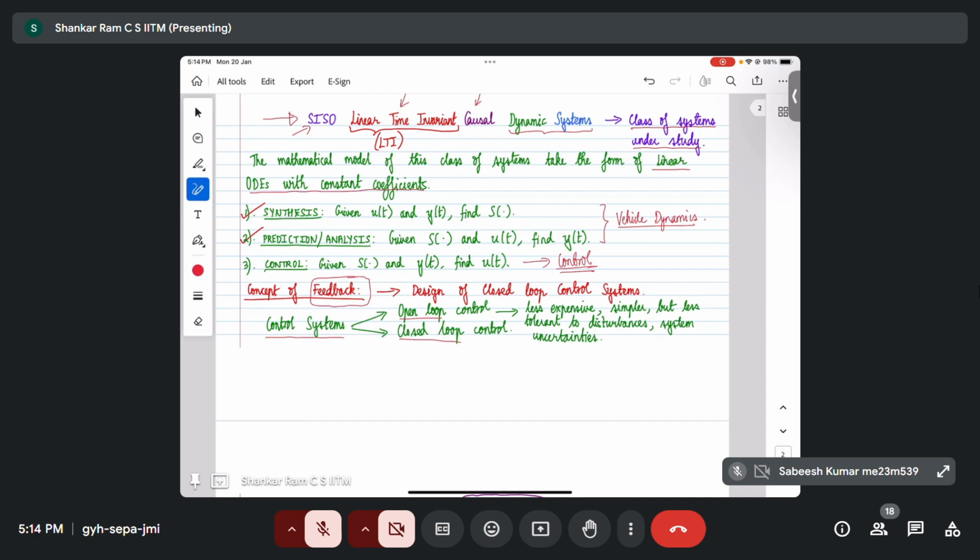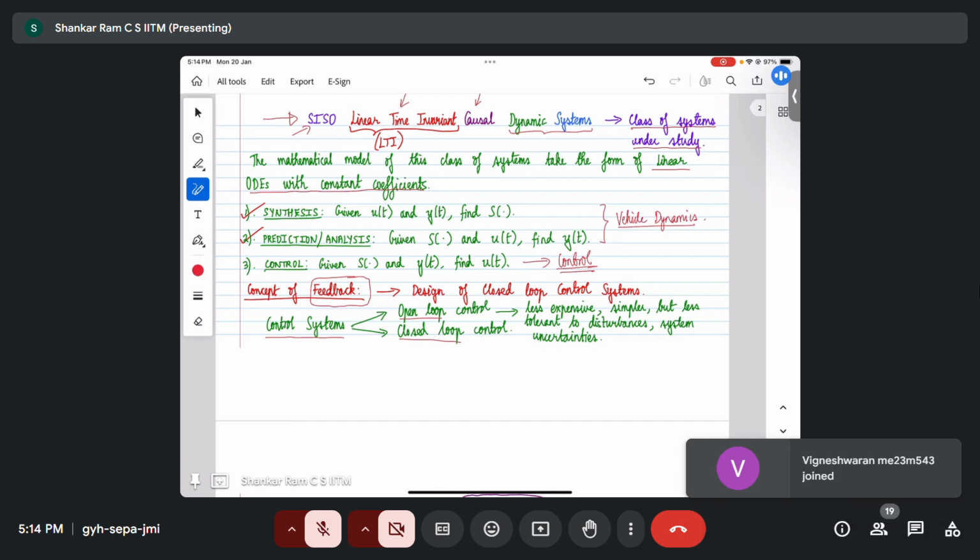By varying the current, sir. By varying the current, exactly. But how do we vary the current? Using a potentiometer or knob, which will vary the resistance. Yes, so we are basically using a regulator, a fan regulator. Let's say there are 4 speed settings.